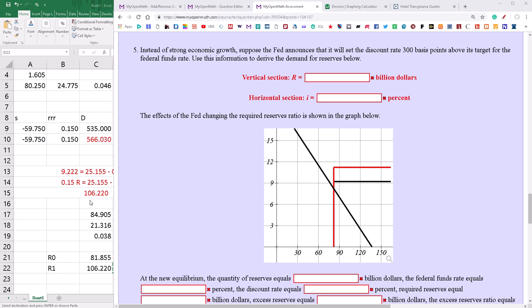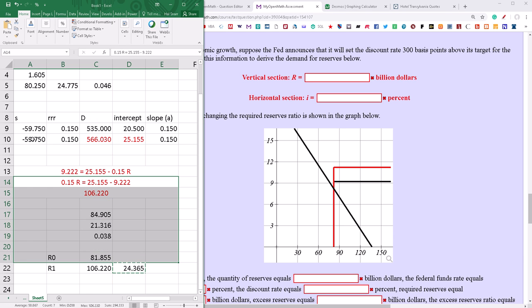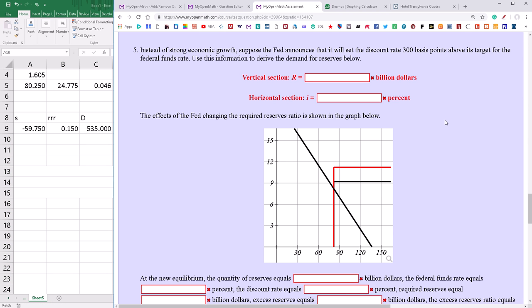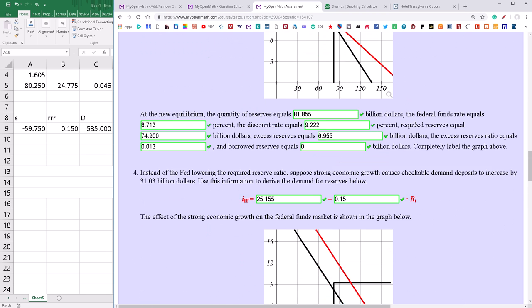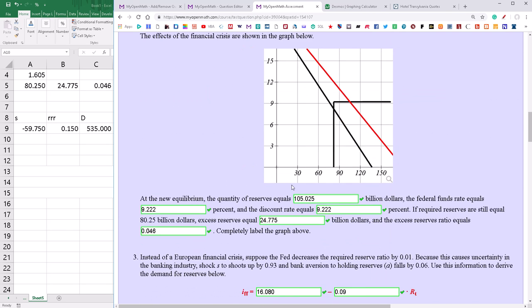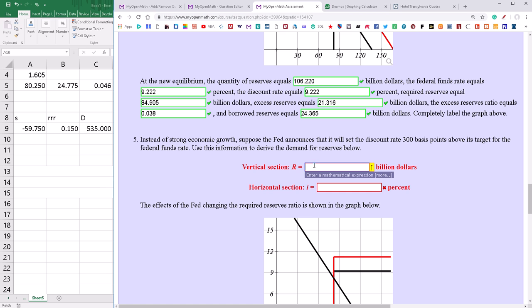Okay, in scenario 5, let me go ahead and delete all this. In scenario 5, instead of strong economic growth or whatever the previous scenarios were, suppose the Fed announces that it will set the discount rate at 300 basis points above its target instead of 100 basis points. So the vertical section of the supply curve is still 81.855, but instead of 100 basis points, it's set at 300 basis points higher.